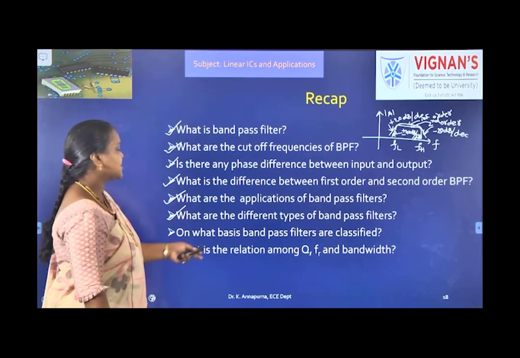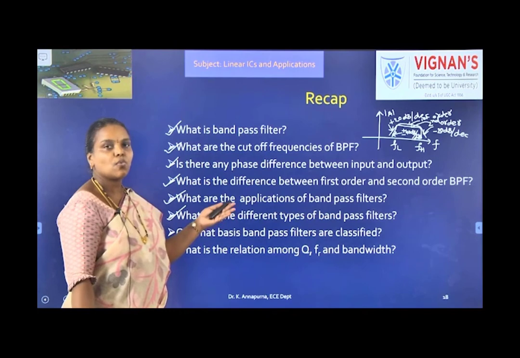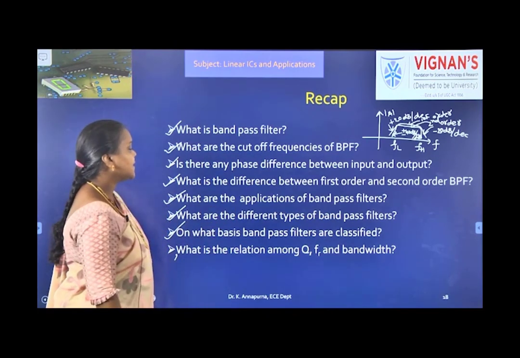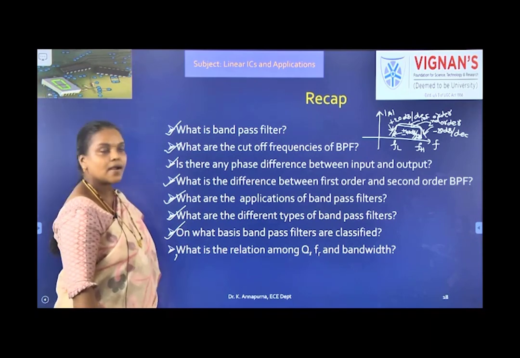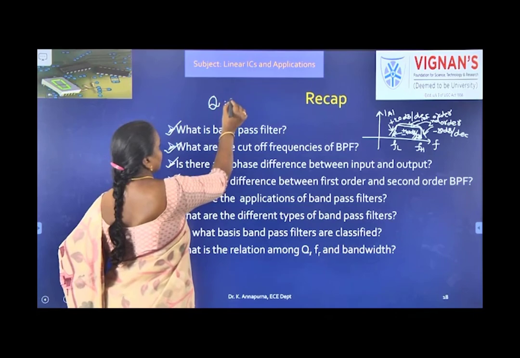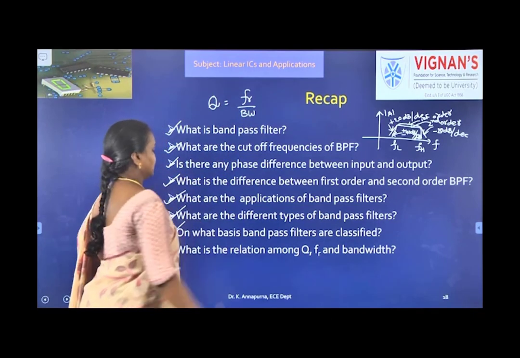On what basis are band pass filters classified? Just now we discussed, based on quality factor. What is the relation among Q, FR and bandwidth? Q is equal to FR by bandwidth. Okay.